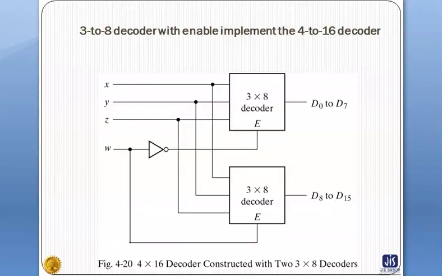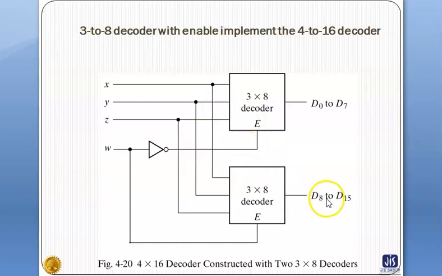Implementation of a 4 to 16 line decoder with the help of 3 to 8 line decoders. Okay, with an enable input: in the decoder circuit, if a common line is connected to each AND gate of the output circuit, then this line may be considered as an enable line.